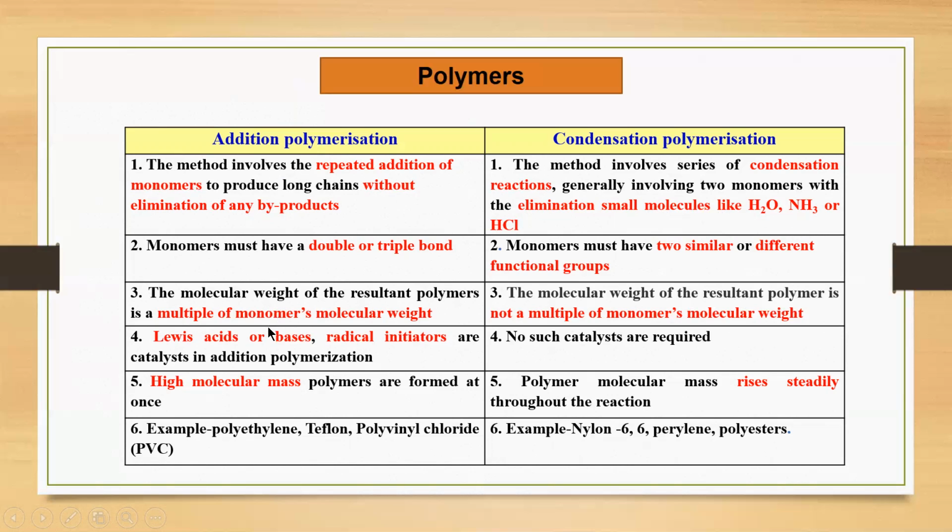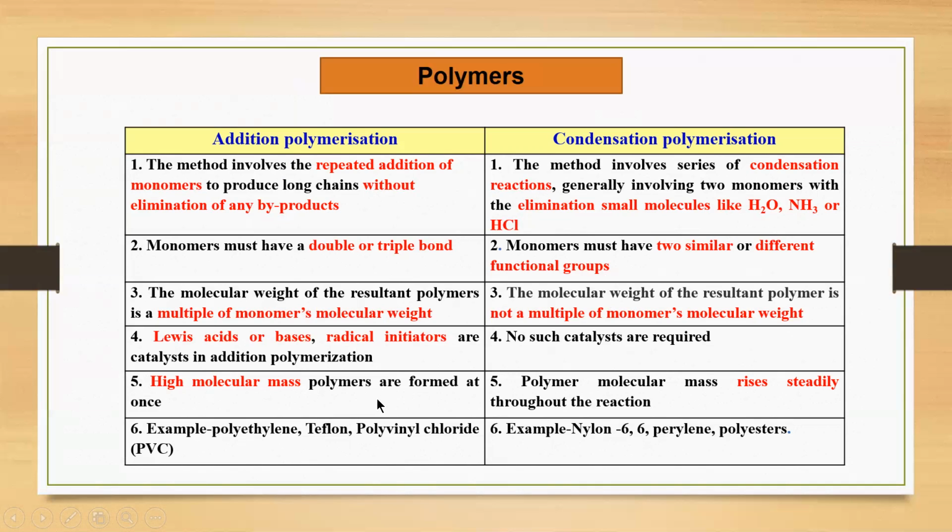In addition polymerization, for the activation of the double bond of the monomer, Lewis acids or bases or radical initiators are required as catalysts to initiate the reaction. In condensation polymerization, we just require functional groups, no such catalysts are required.